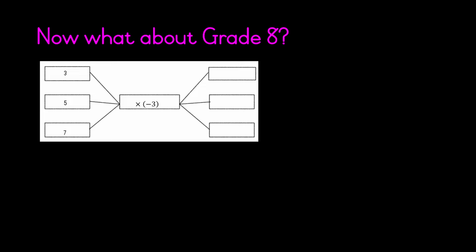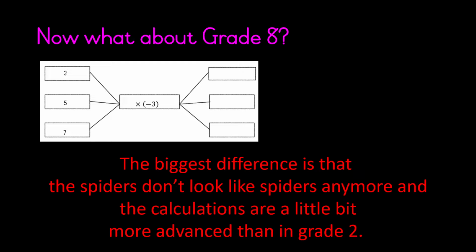We also start using mathematical terminology such as input, output, and rule. So what do we do in grade 8 that is different from grade 2? Well, the biggest difference is that our spiders don't look like spiders anymore, and the calculations are a bit more advanced than they were in grade 2. However, this should not be a concern to you since you work so hard in mathematics.